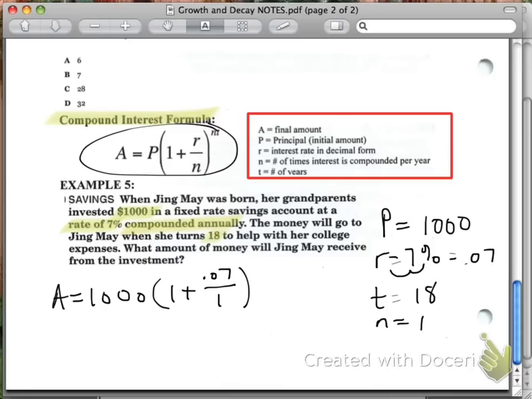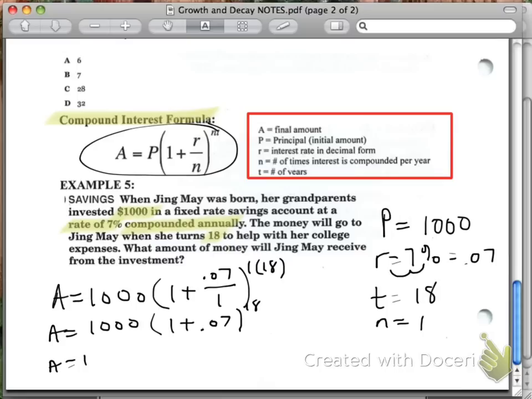All that raised to the n times t power, so n is 1 times the t is 18. Let's go ahead and simplify. So I have A equals 1,000 times 1 plus 0.07, because 0.07 over 1 is 0.07. 1 times 18 is 18, so 1 plus 0.07 to the 18th power.